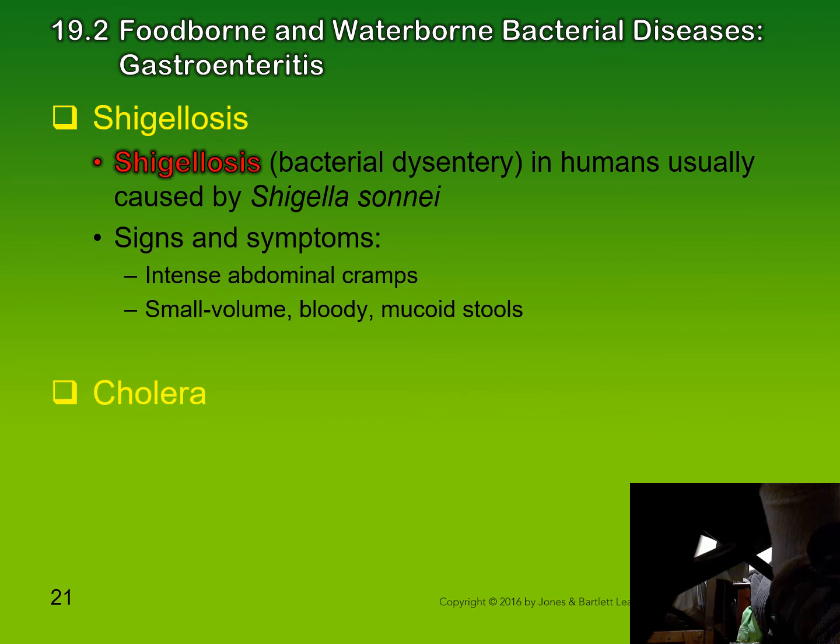So you don't go to the bathroom much, even though you have very intense cramping. Again, another toxin, in this case, Shigella toxin. Shigella toxin is not quite as dangerous as the botulinum toxin, but still an endotoxin.